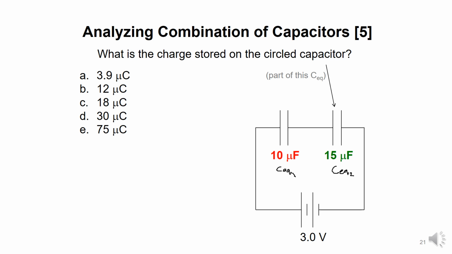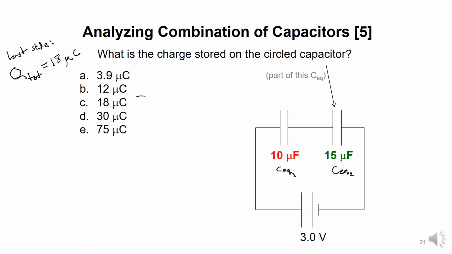Okay. And we know that the combined charge stored is 18 microcoulomb. Here, let's write this down. All right, so the Q total across everything is 18 microcoulombs. We already calculated in the previous slide. All right, and now let's try to figure out the charge stored in the circle capacitor.